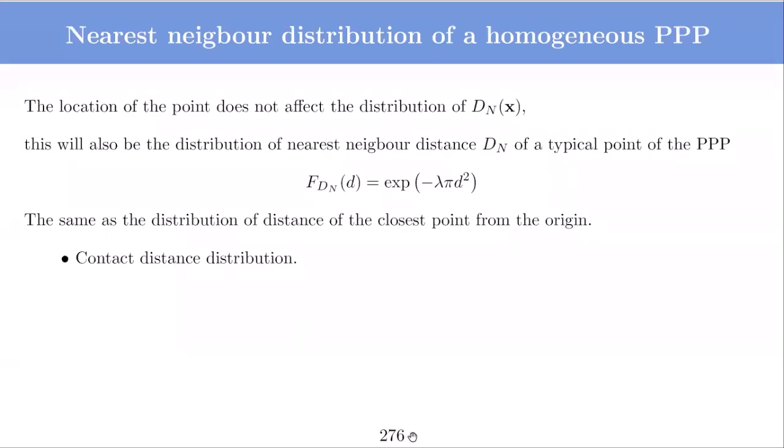For a PPP both are the same, and that is because of the Slivnyak theorem. It just means if you go to an arbitrary location, find the closest point and measure the distance, the statistics will be the same as if you go to a particular point and look at the nearest neighbor, because the occurrence of that point is not going to affect the distribution of the rest of the points.